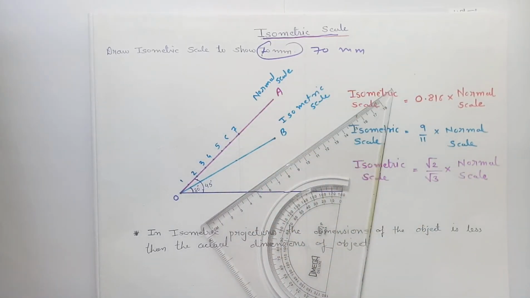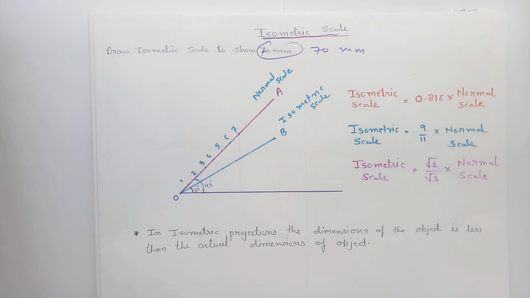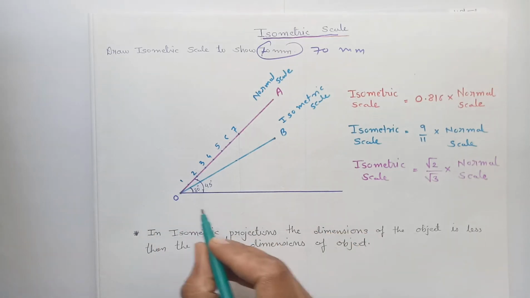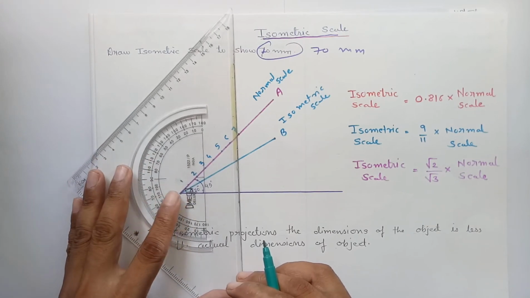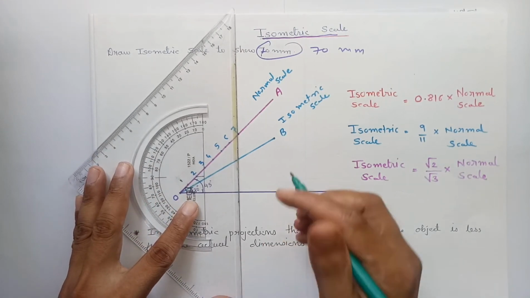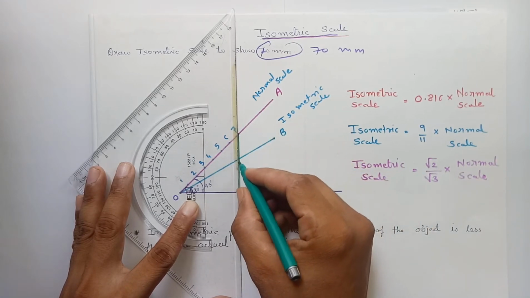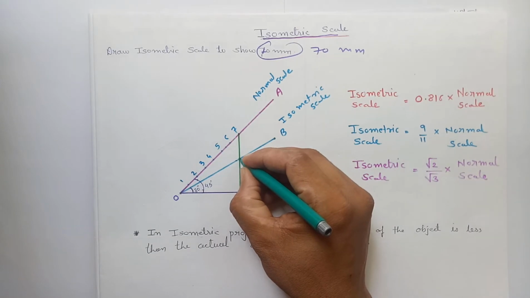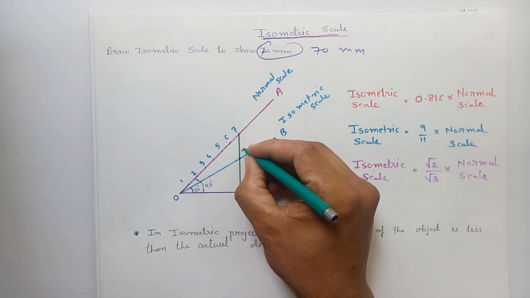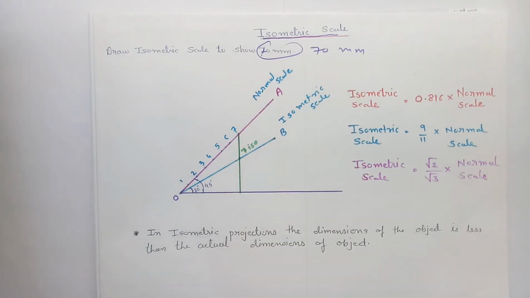Now if you want to show the isometric scale length of 70 mm, draw a line perpendicular to the baseline from 7. The intersection of this line with the isometric scale line will give us the isometric scale length of 70 mm.